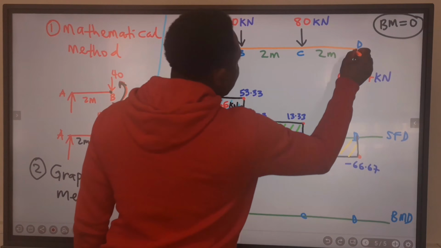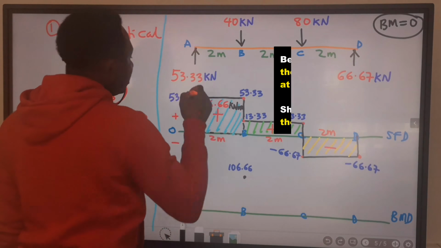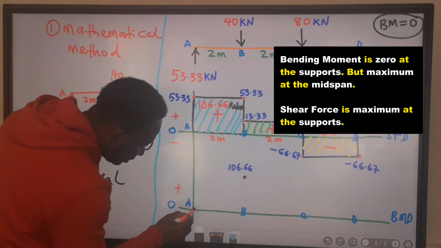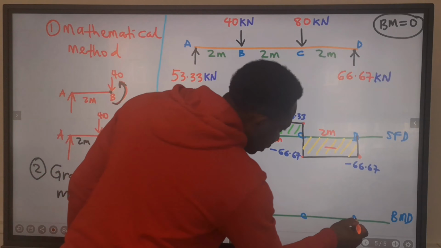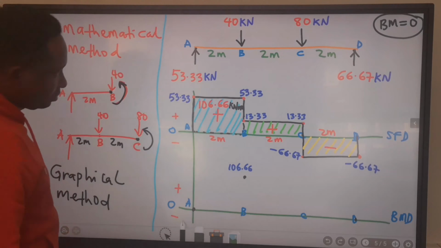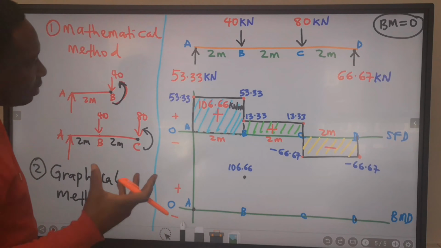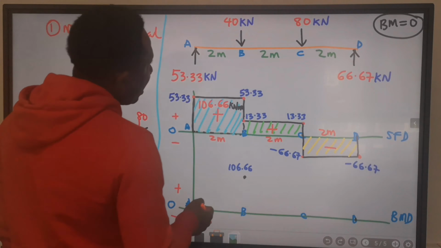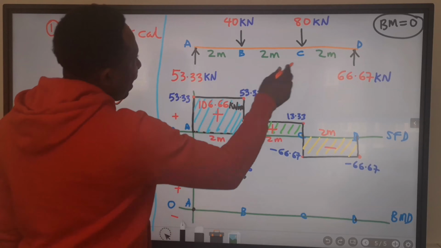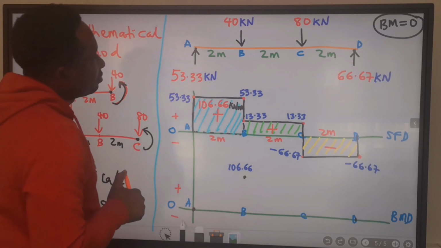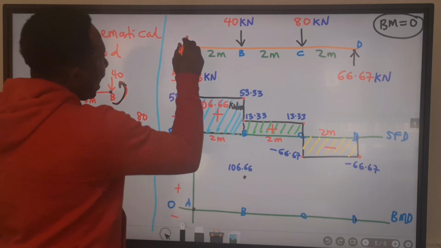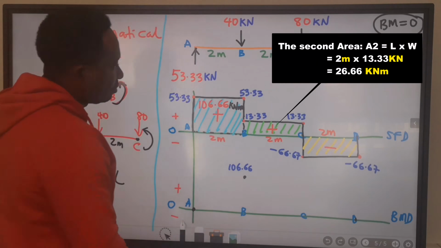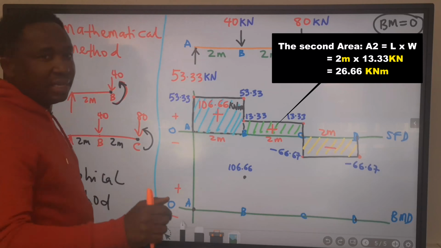At this end and at this end. Hence, this end is 0. And this end of D should also be 0. Maximum bending moment occurs at the midspan of a beam. Maximum shear occurs at the support. Always remember this.